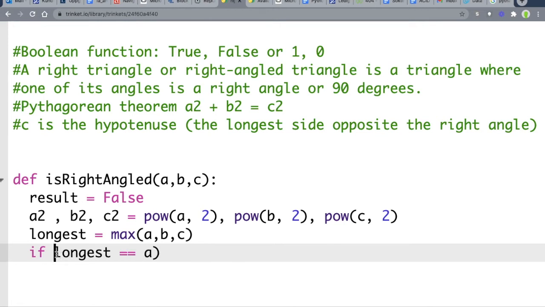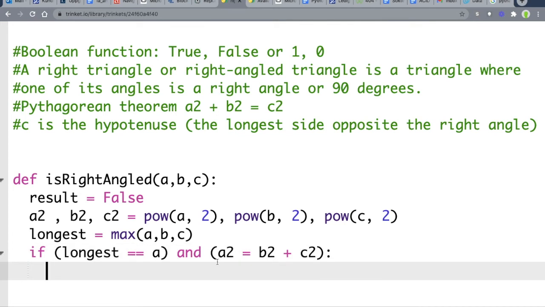We check whether the longest side, or the hypotenuse, is A. And one other condition, we check as well if A squared is equal to B squared plus C squared.